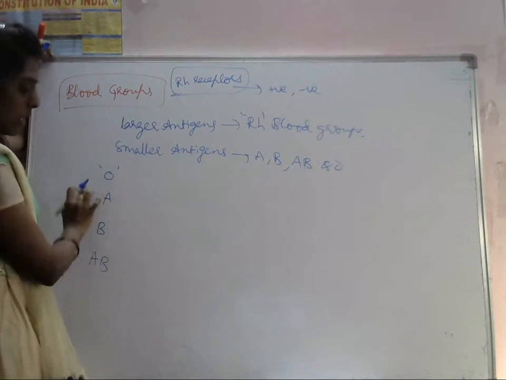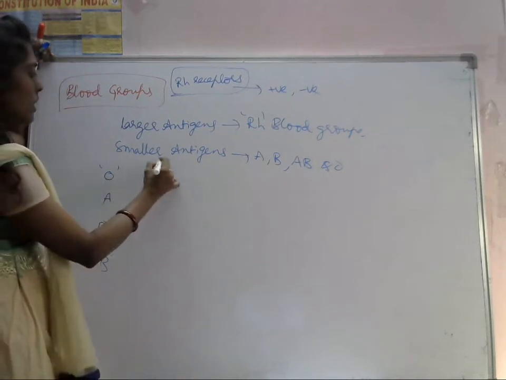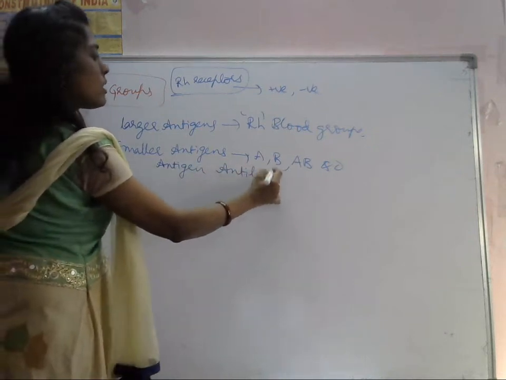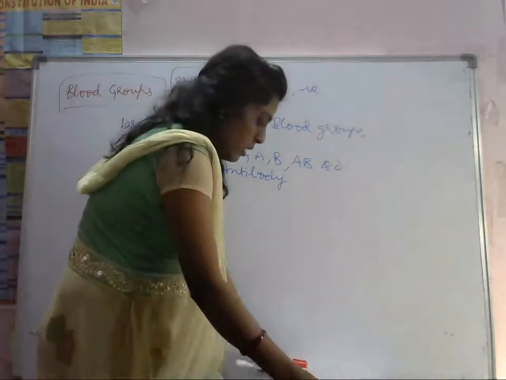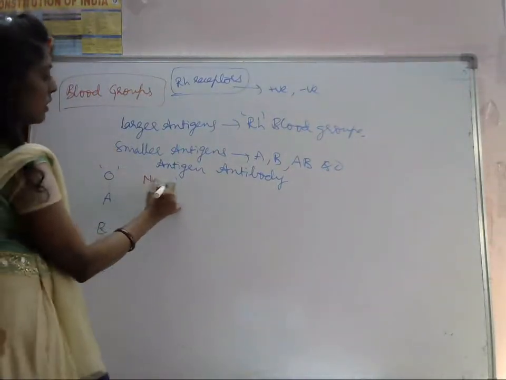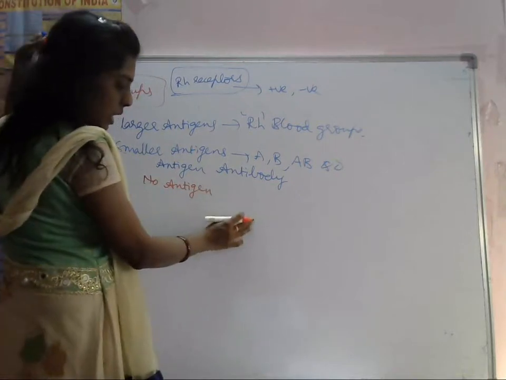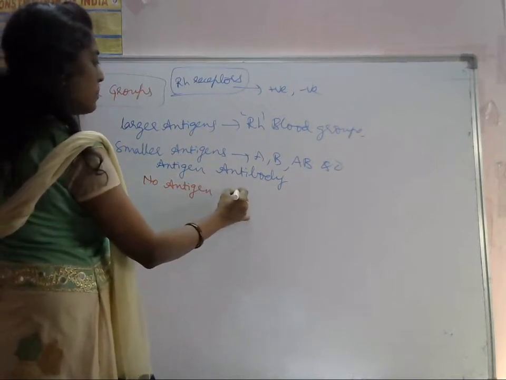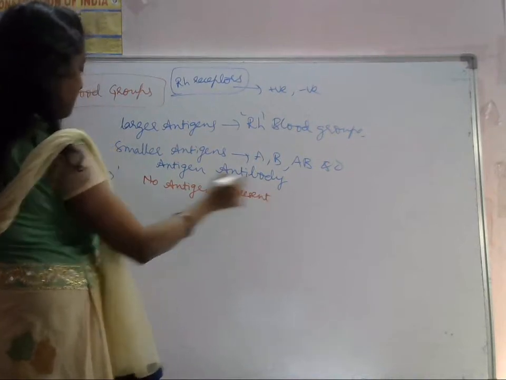There are antibodies as well as antigens. In O, there is no antigen in the blood group, only antibodies are present.